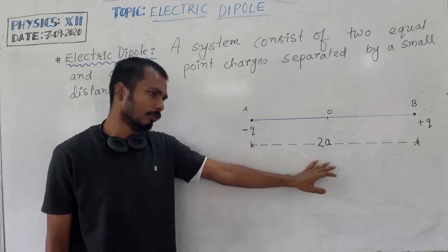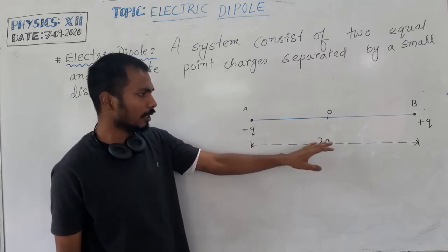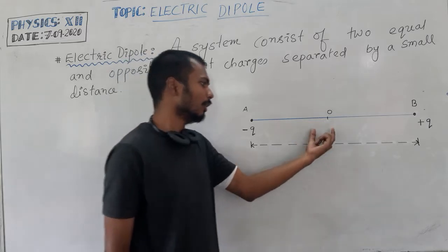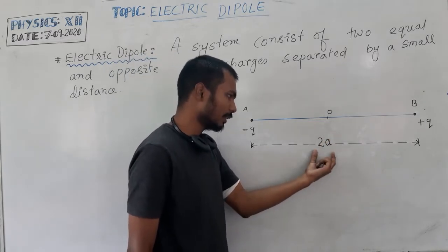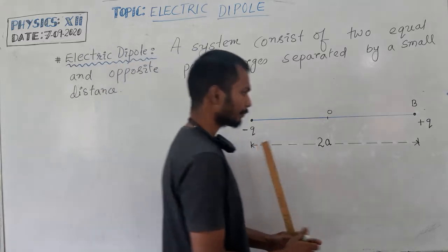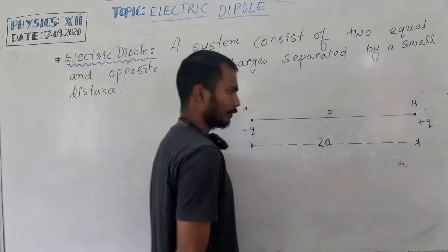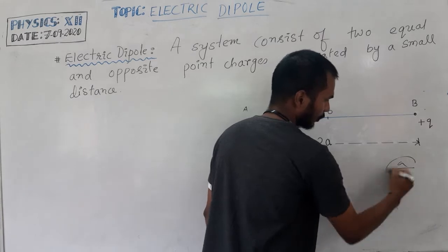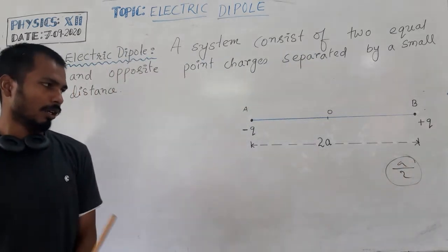For easy calculation. If we use a, then for the half distance we would have to write a by 2, which is difficult in calculation.